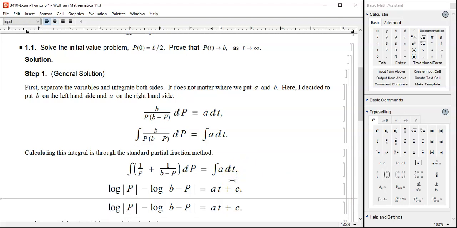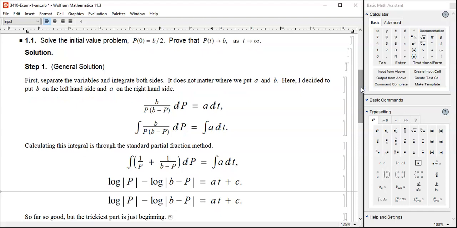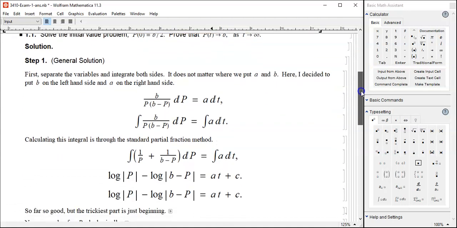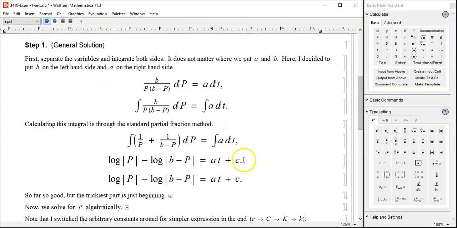My way is to solve for p here using an algebraic method, and the motivation for that method is almost entirely outside mathematics, because that way I can get the general expression of p so that I can use it to explain what kind of model this is and how it is related to population dynamics or epidemiology, or how rumors spread out in social media, and so on and so forth.